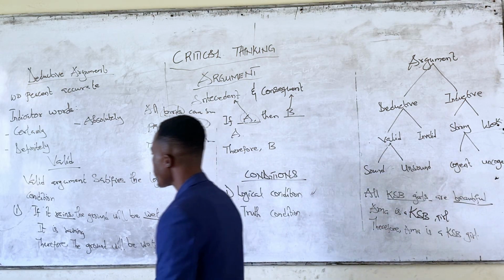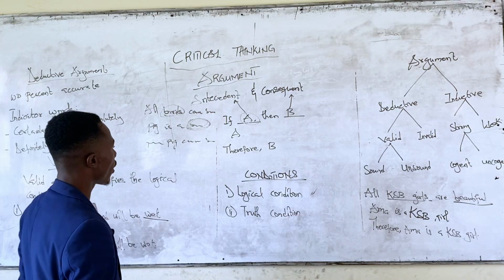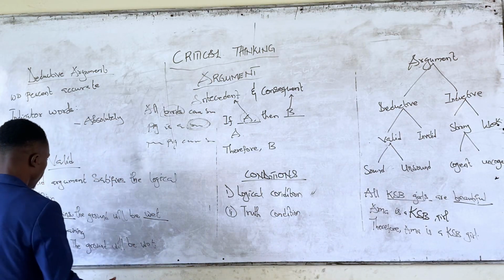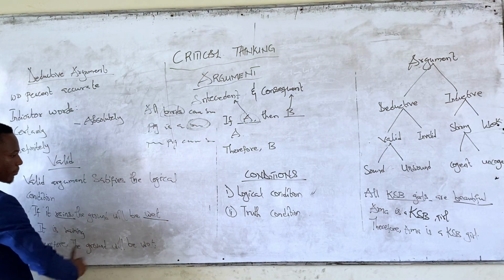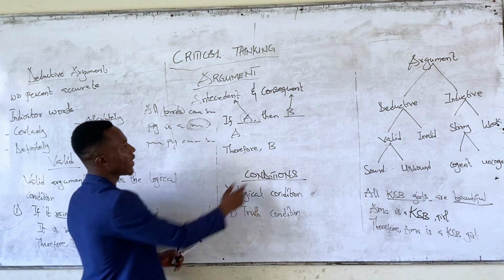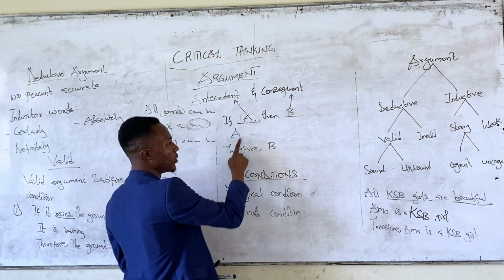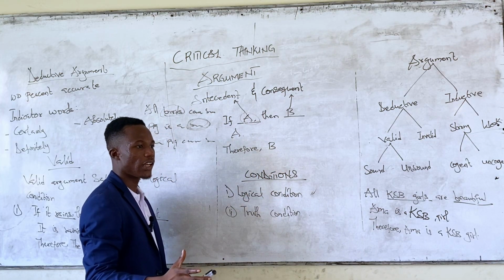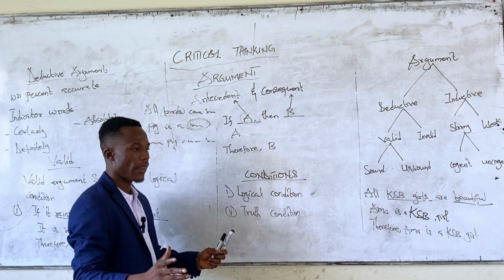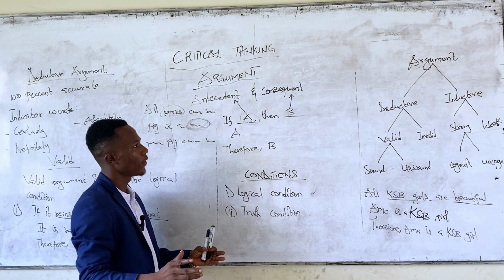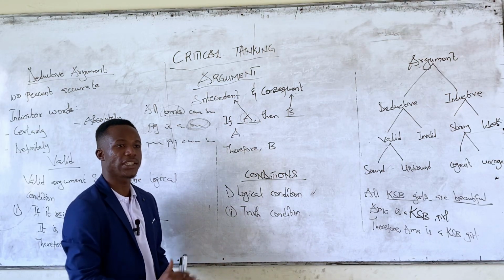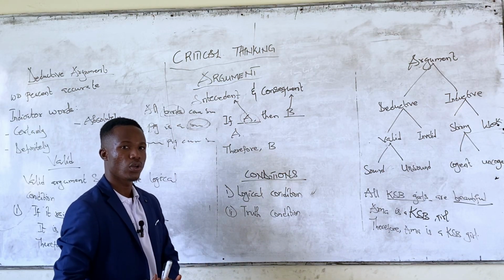So the only time you will say the argument is invalid is when you change them. It's when you bring the B here and you say therefore A. We have established a norm, something like in alphabetical order: once A comes, B will follow.